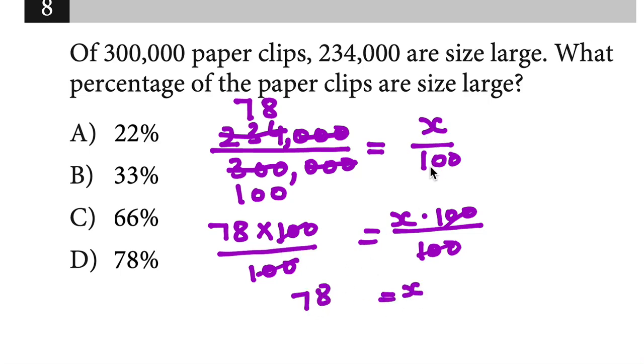So here it is x%. That means if 234,000 are large size when the total is 300,000, then 78 are large size out of 100. That means 78%. So this is with the help of equivalent ratios.